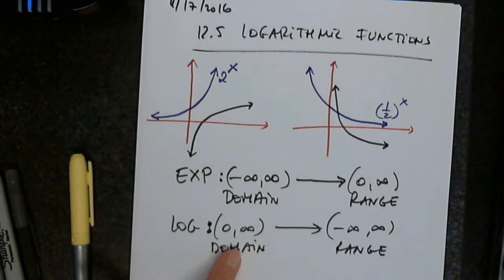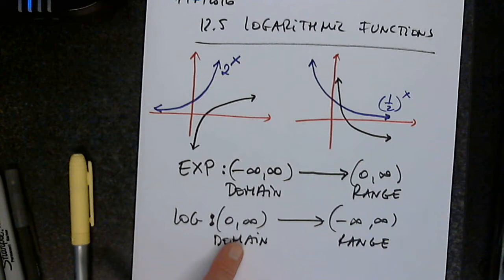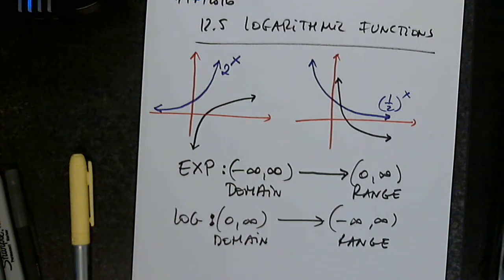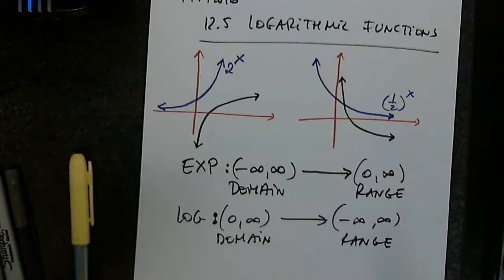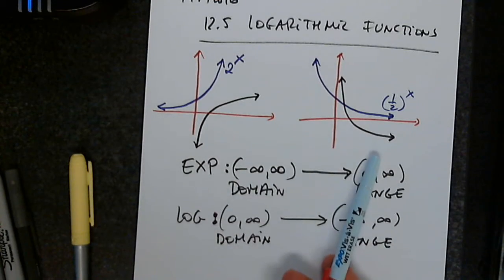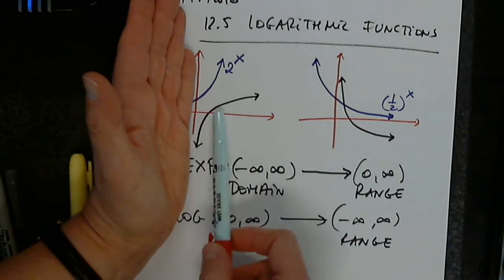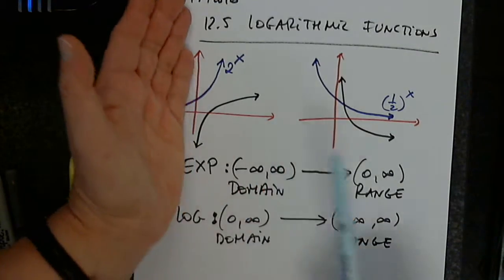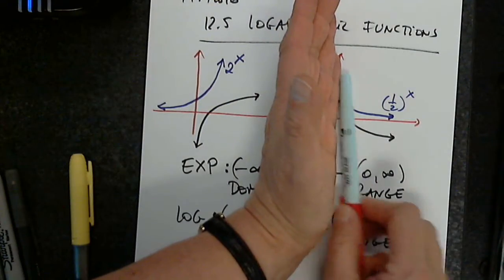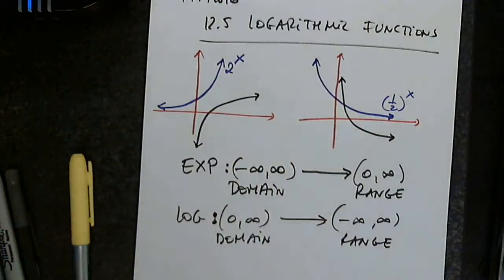But log is that type of function that requires thinking. It's not a friendly function. It's defined only on 0 to infinity. So that's one thing that we need to talk about. As you see from the graph, the domain of this function is from 0 to infinity, and the domain of this function is from 0 to infinity. Okay? Good.